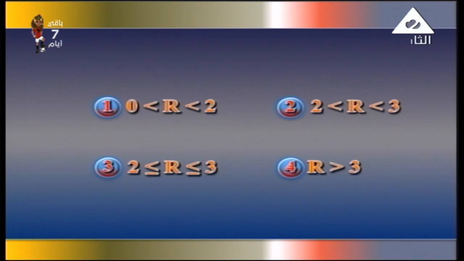My dear student, the correct answer is R more than or equal to 2 and smaller than or equal to 3. Why? My dear student, by using the reaction force, we know that R is more than or equal to 2 and smaller than or equal to 3.